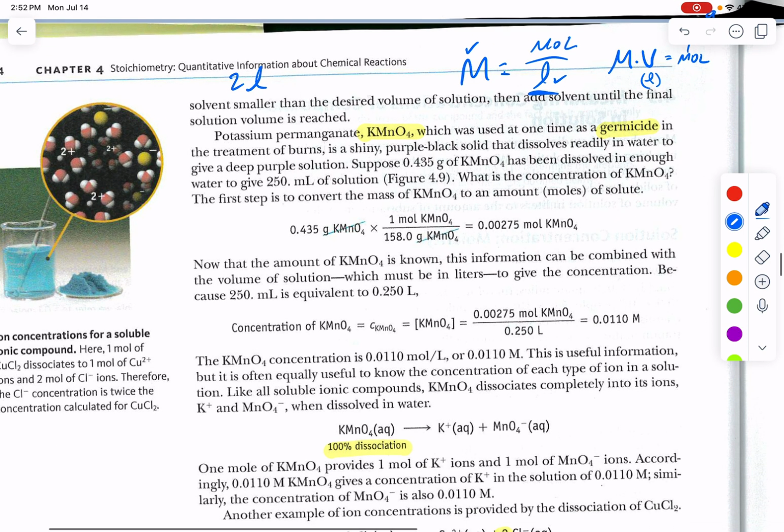By the way, potassium permanganate, a beautiful purple color in solution, is a germicide. It's also a fungicide. In the trench warfare, in the world wars a century ago, soldiers often put potassium permanganate into their boots because their boots would get all muddy and soggy, and you could get all kinds of nasty fungi in your boots.